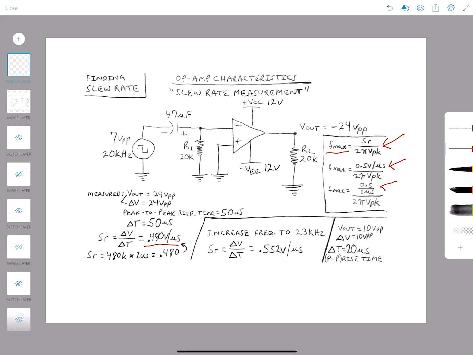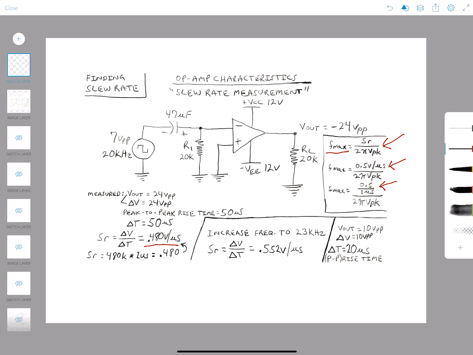I just rearranged it a little bit to give you better understanding, but this is how you would actually place this formula into your calculator. When you do that, it's going to tell you what the maximum frequency is.